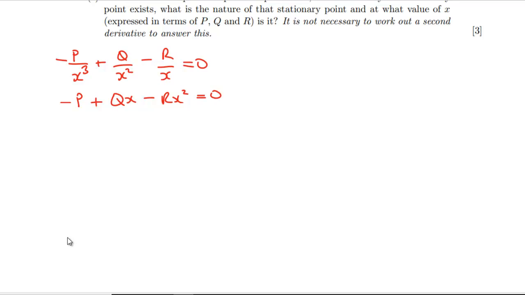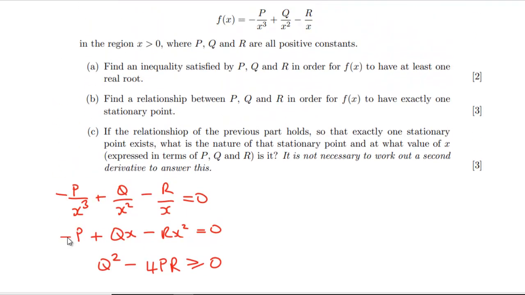So we need our b squared minus 4ac to be greater than or equal to 0. So we need q squared minus 4 times p times r to be greater than or equal to 0, and that gives us our root. Right, so that was good.